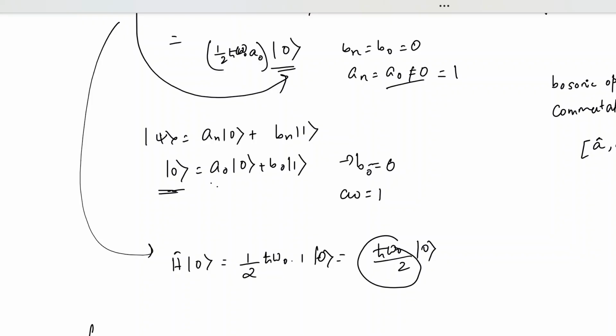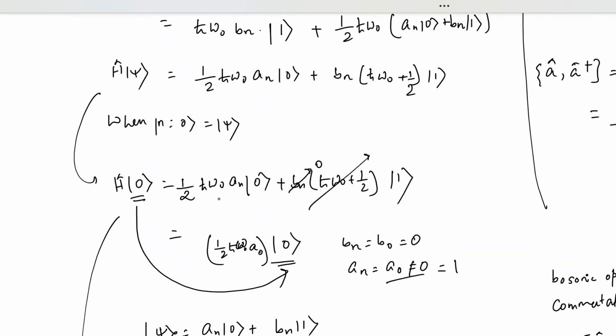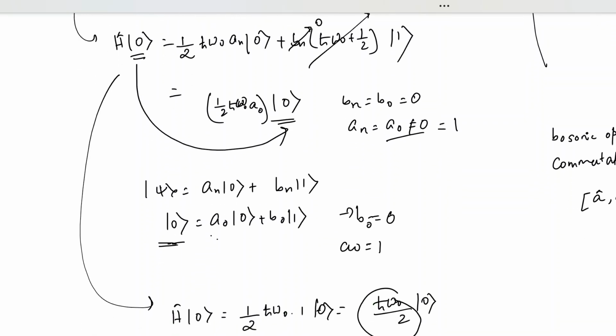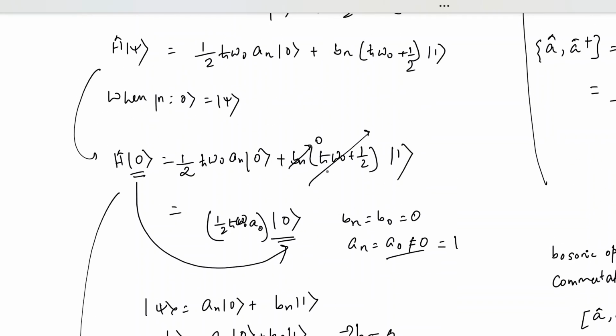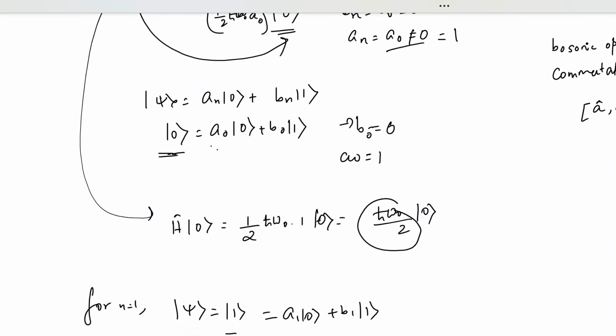Now writing down the Hamiltonian, Ĥ|1⟩ is equal to half ħω₀ a_1|0⟩ plus b_1 ħω₀ plus half b_1 ħω₀ plus half |1⟩.